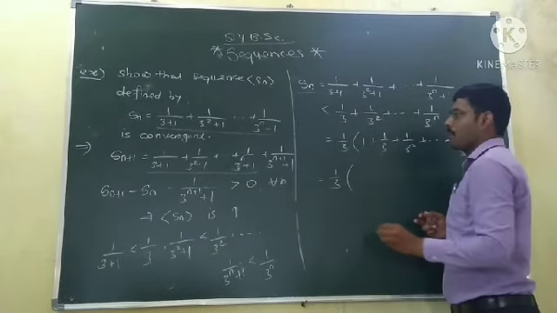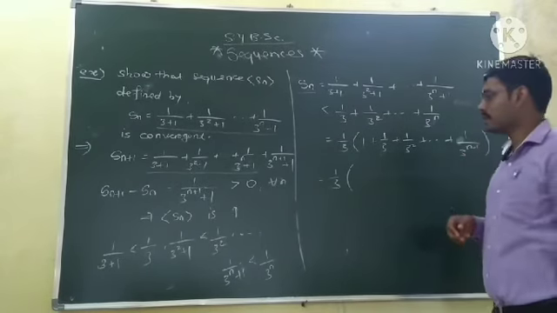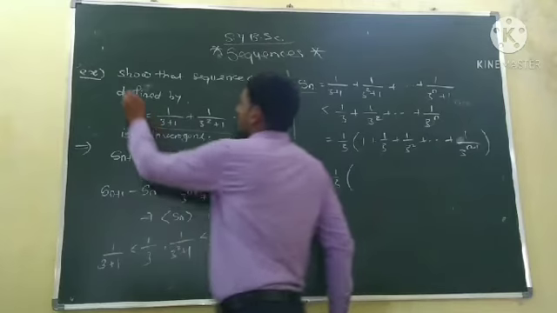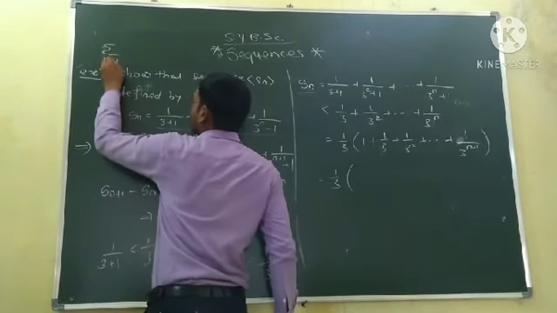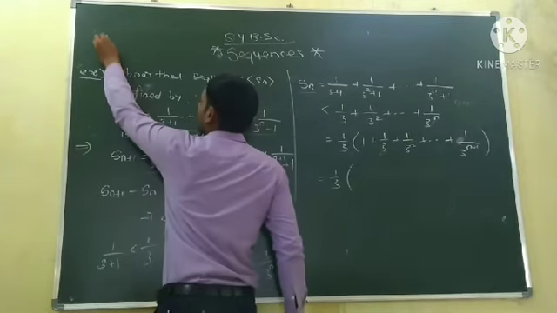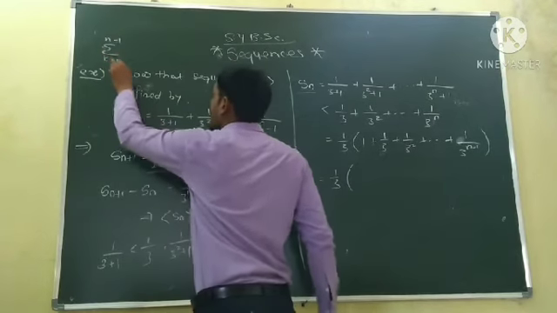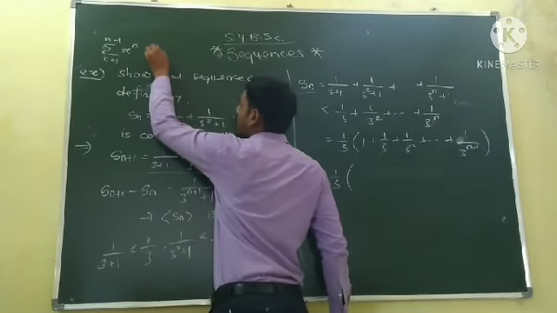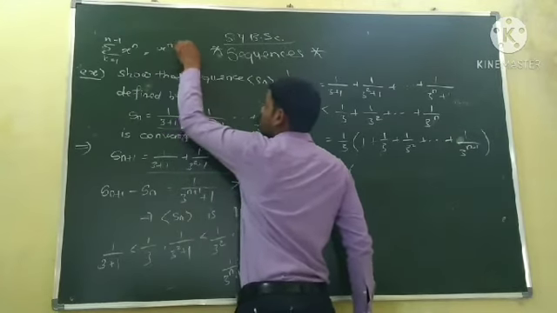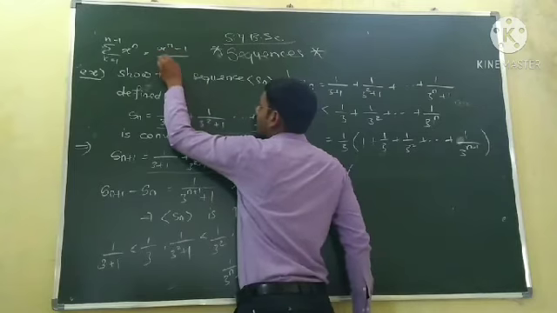We know the formula for the geometric series. The geometric series sum formula is the summation of k equal to 0 to n minus 1 of x to power k, which is equal to x to power n minus 1 upon x minus 1.